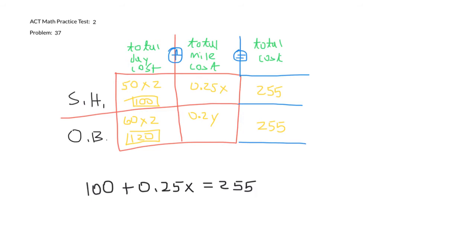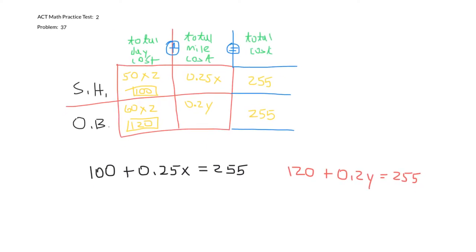That's x. Another equation we could set up is the one that has to do with Ocean Blue. That basically says 120 plus 0.2y equals 255. So these are two equations we could totally use to figure out the miles we're able to travel with the Seahorse Company and with the Ocean Blue Company. Let's do each one separately and just compare x to y after that.